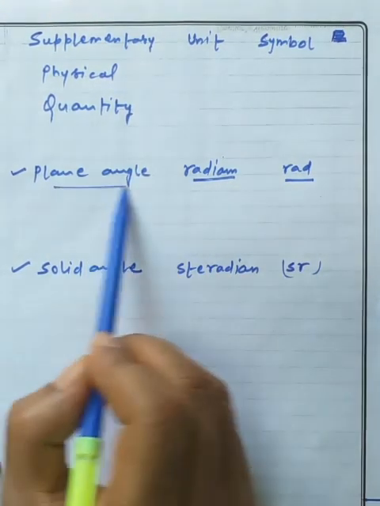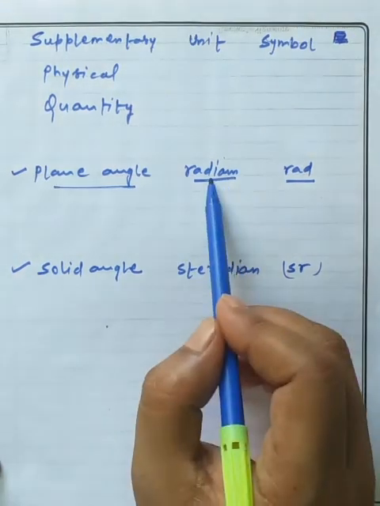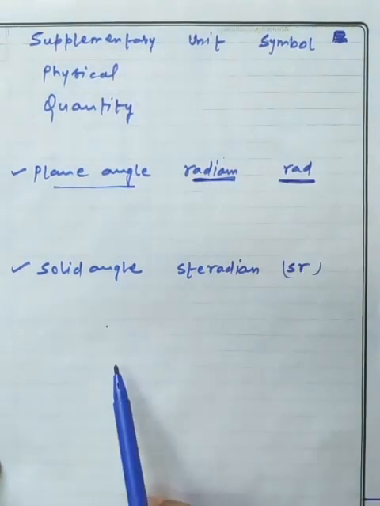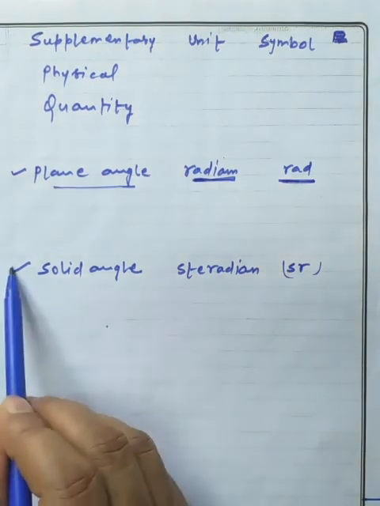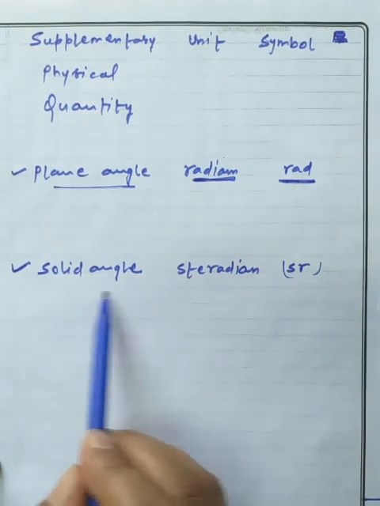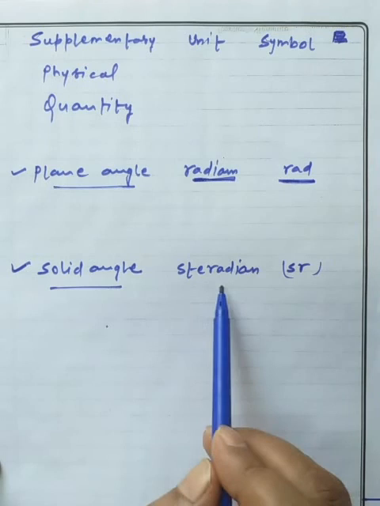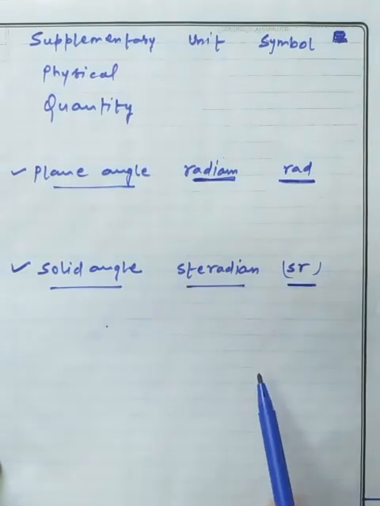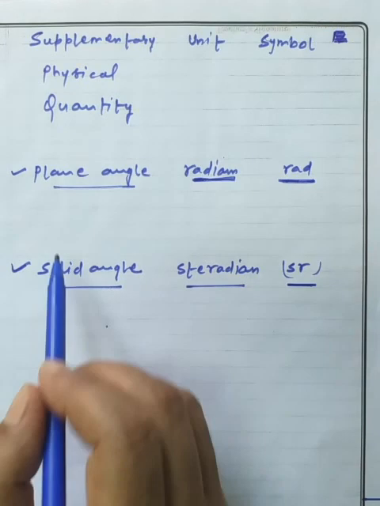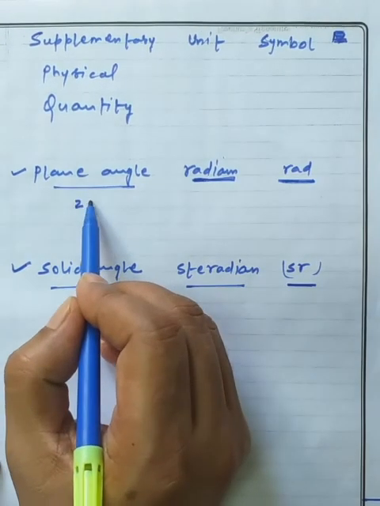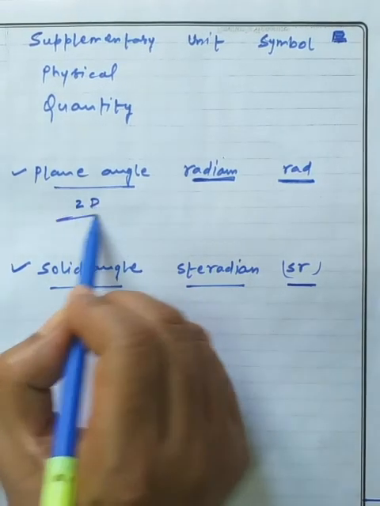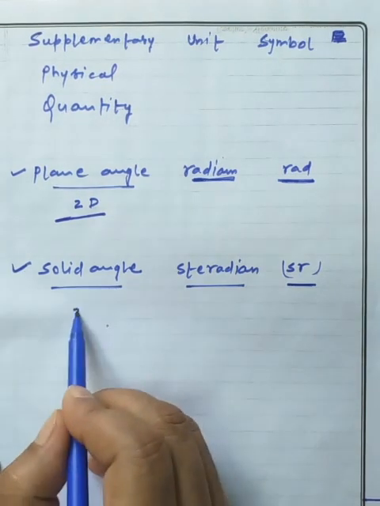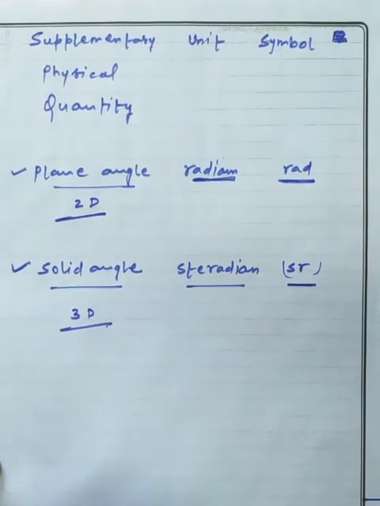One of them is the plane angle, which has the unit radian, symbol rad. The solid angle belongs to the three-dimensional system, and its unit is the steradian, with the symbol sr. The plane angle is represented in two dimensions, and the solid angle in three dimensions.